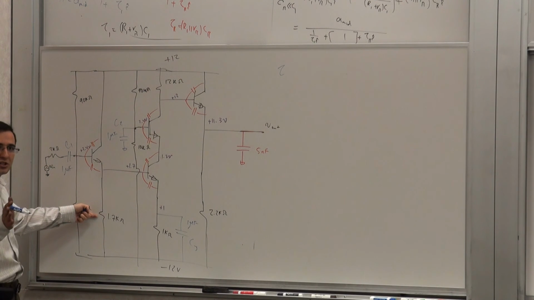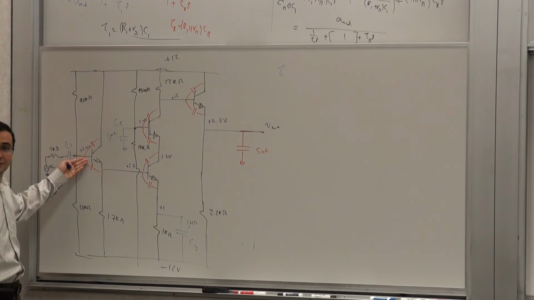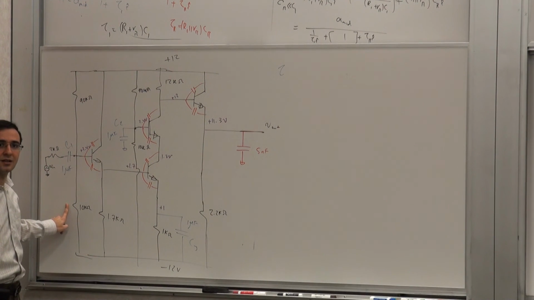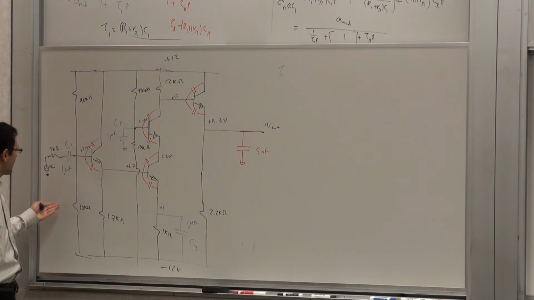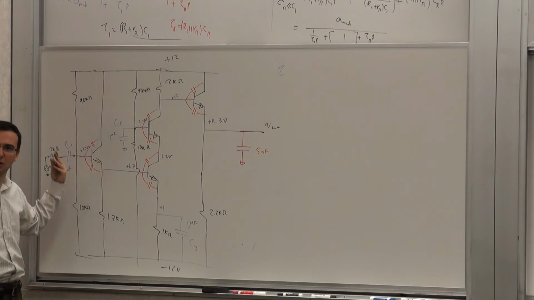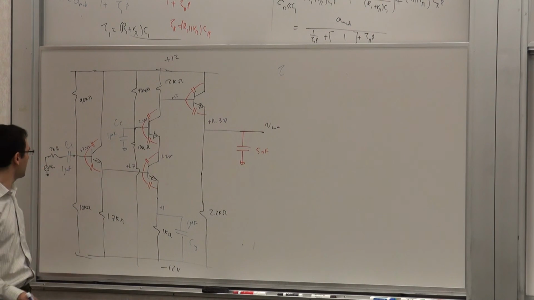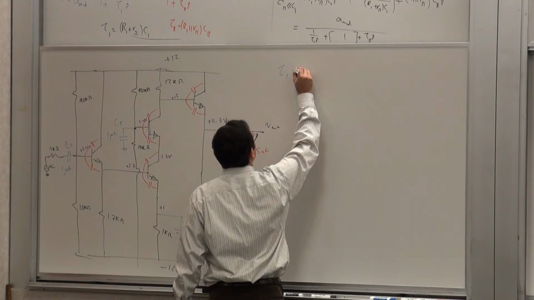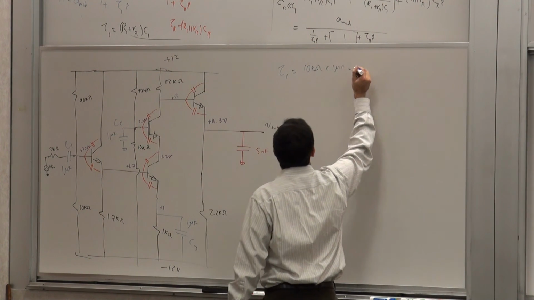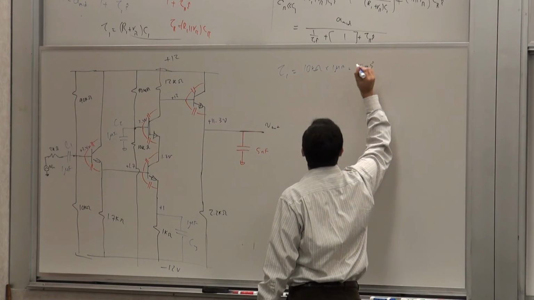So let's say 1-ish, 1 kilo ohm times 100, about 100 kilo ohms here, in parallel with like 8 on this side and 2 kilo ohms on that side, it's 10 kilo ohms ballpark. 10 kilo ohms times 1 microfarad gives me milli, so it's 10 milliseconds.